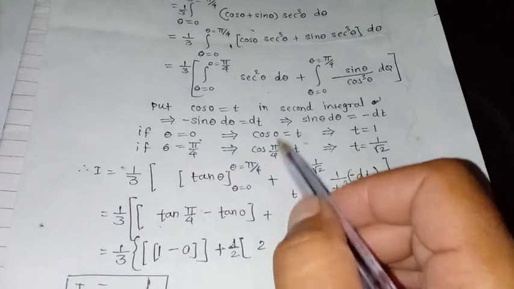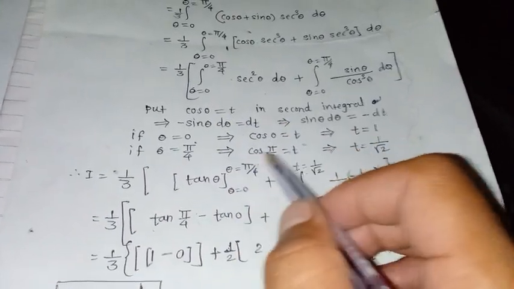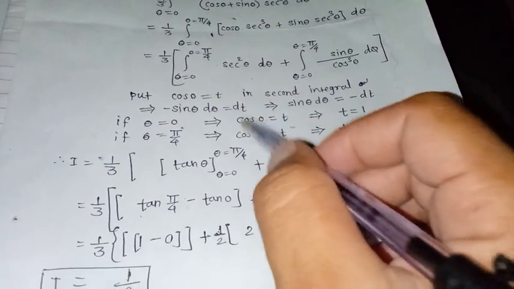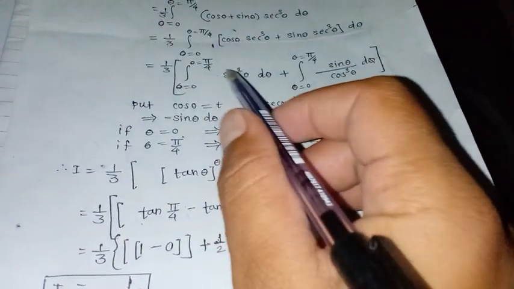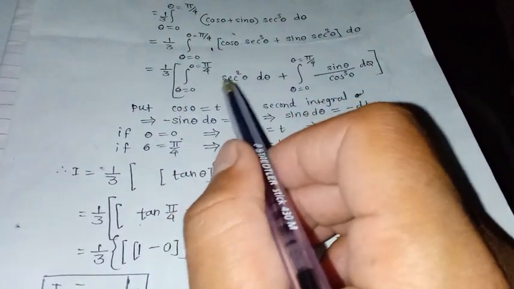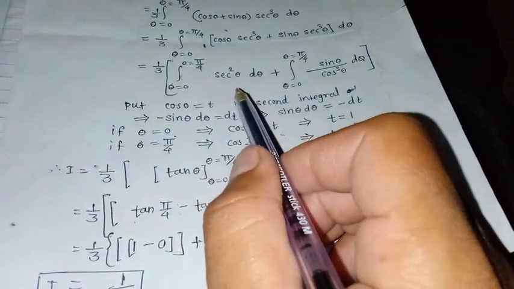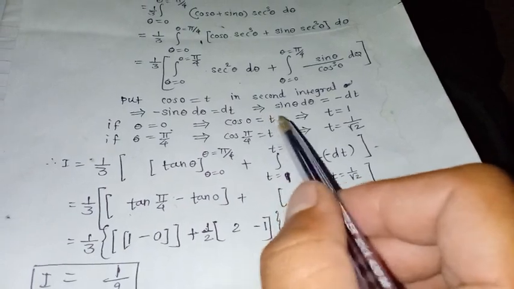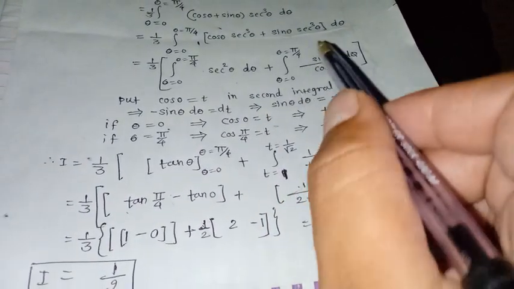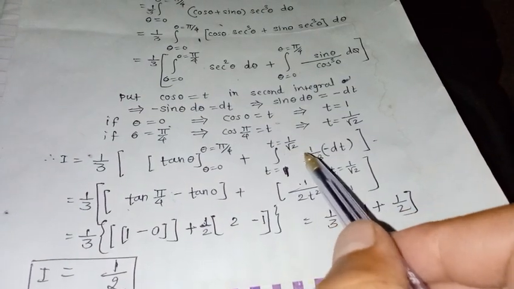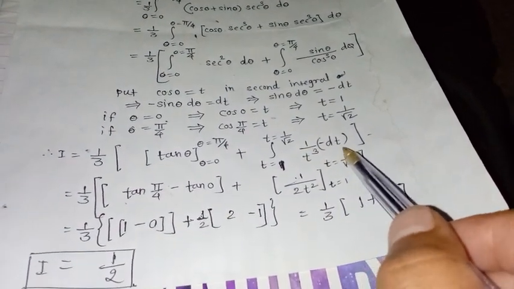And taking care of this substitution, it is applicable only for the second integral. We are not applying this substitution for the first integral, so we are taking this integration as it is, that is with respect to theta. But after this substitution, our second integral is the integration from t equals 1 to t equals 1 by root 2 of 1 upon t cube into minus dt.